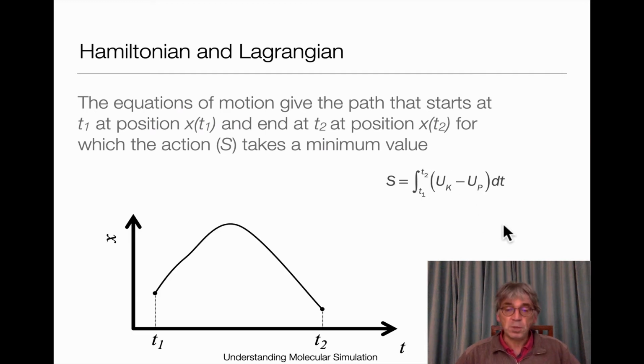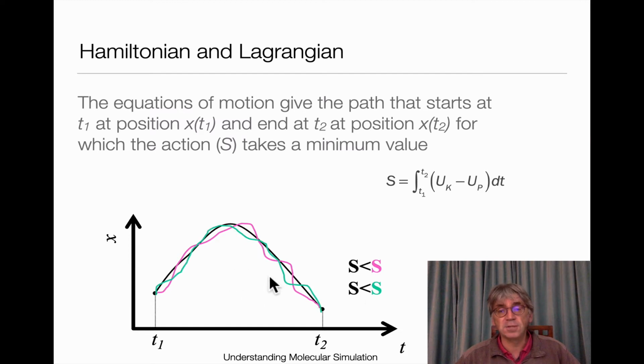So what does it mean in a diagram? Here we have our starting configuration, here we have our end configuration, and this is a typical path. Let's assume that this is the true path. Here we have a trajectory, and here we have another trajectory.